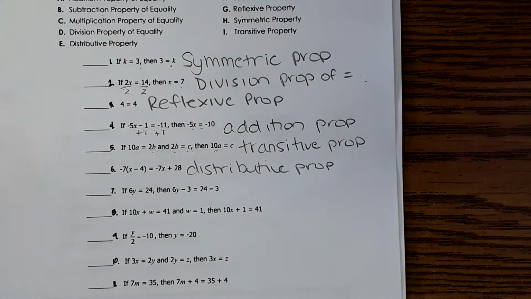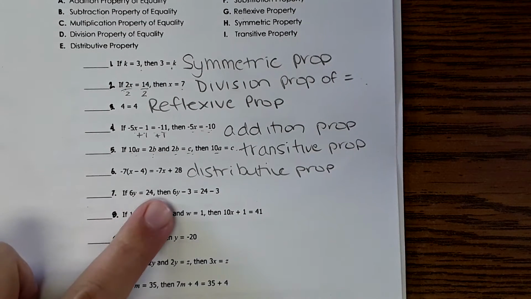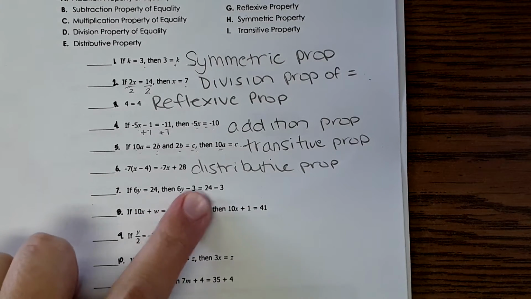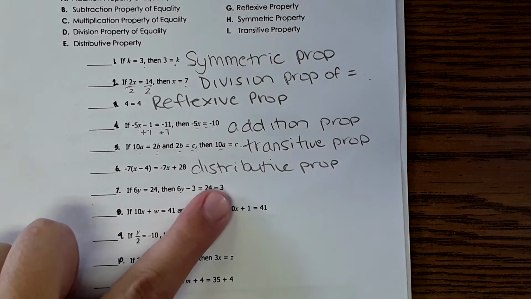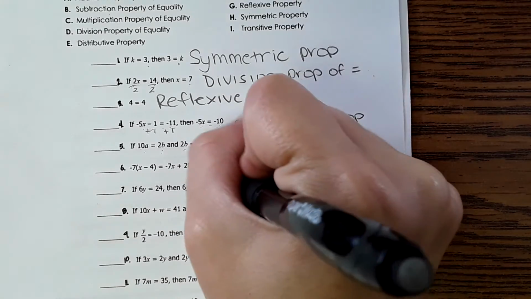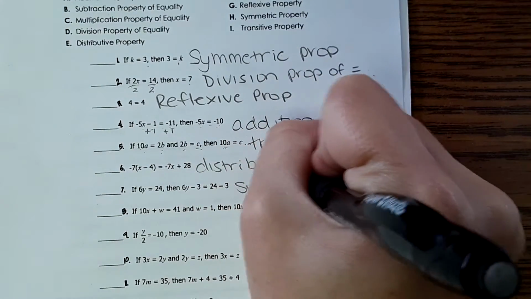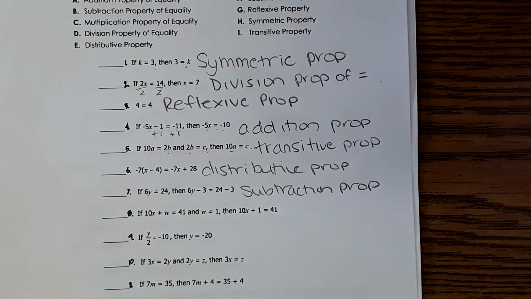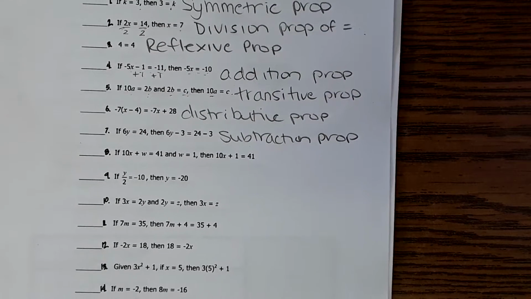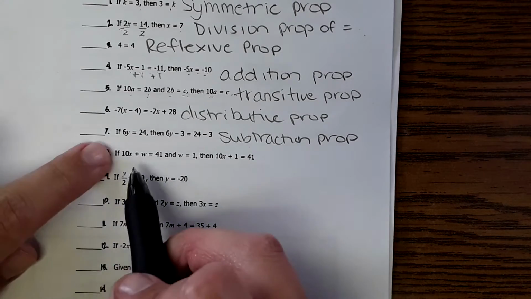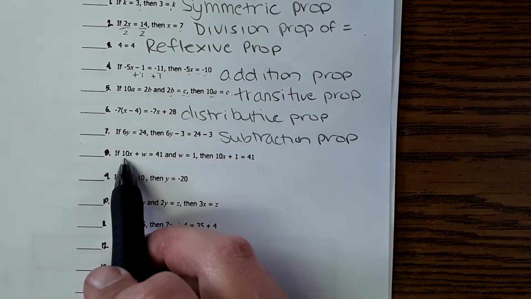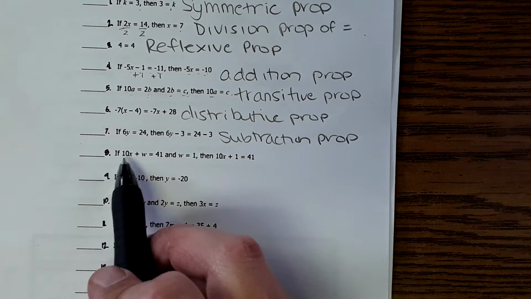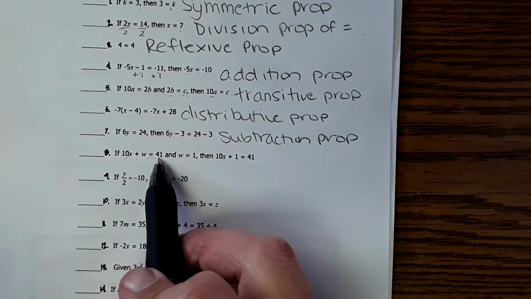And next, 6y equals 24, then 6y minus 3 equals 24 minus 3. They're subtracting the same thing from both sides, so that would be subtraction property. Number 8. This is the one I didn't give you much of an example on the other page, it says 10x plus w equals 41.